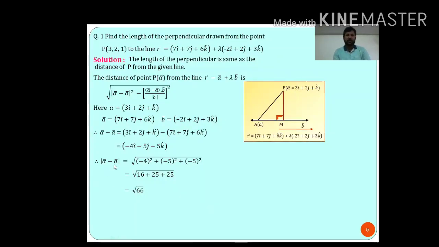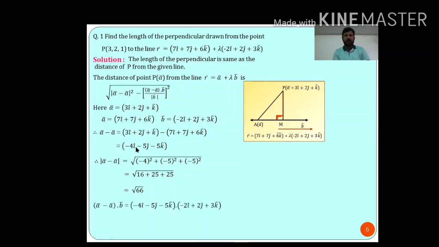After this magnitude of alpha bar minus A bar, we require the next value: the vector alpha bar minus A bar dot product with the B bar vector. We already took this difference; the dot product is with vector B bar, minus 2i + 2j + 3k. To find the dot product of two vectors, you already learned the dot product concept.